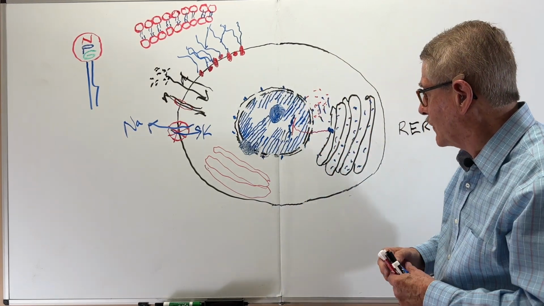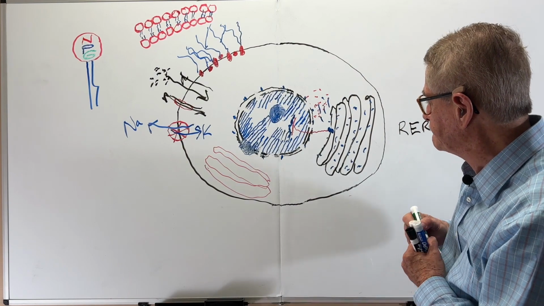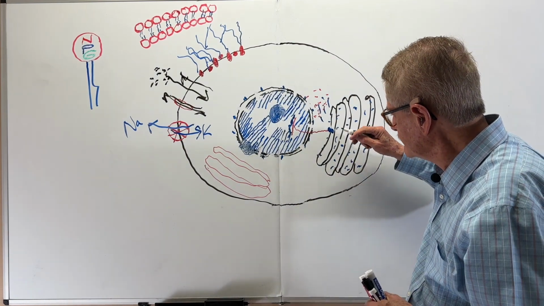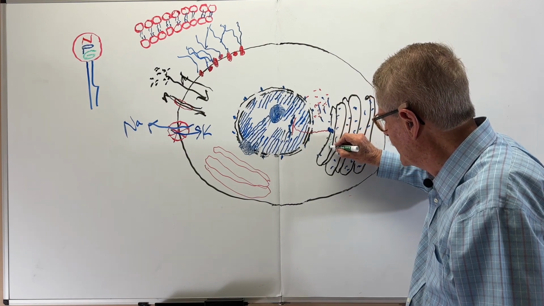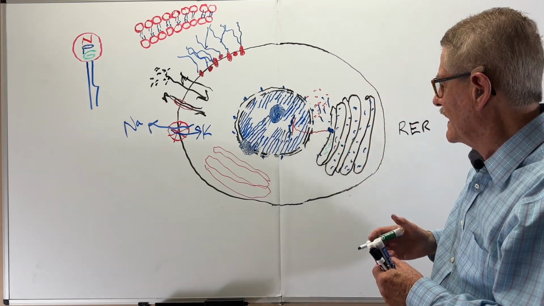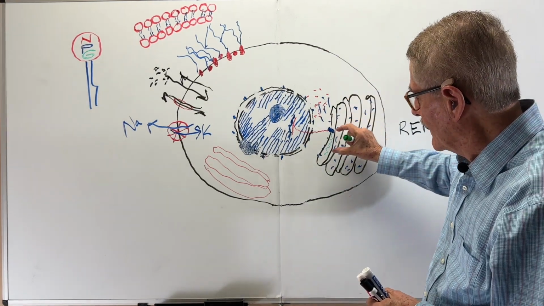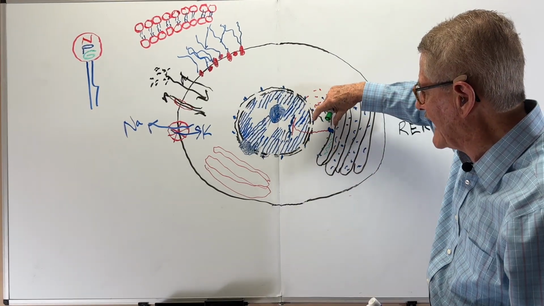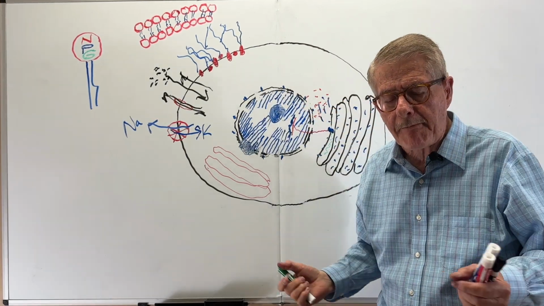And what do we get? Voila, in the lumen of the rough endoplasmic reticulum, you end up with a protein, in other words, a sequence of amino acids that mimic exactly the information of the DNA.